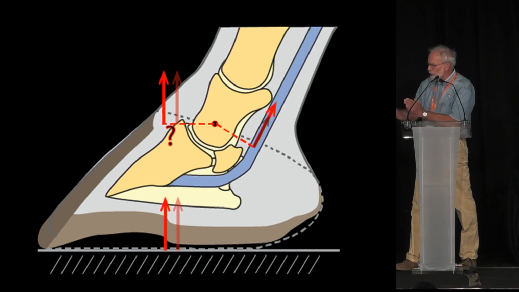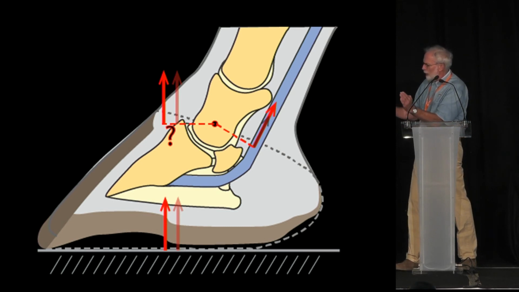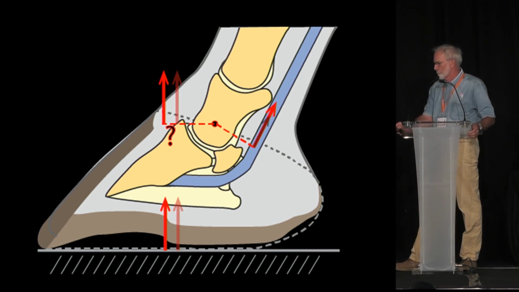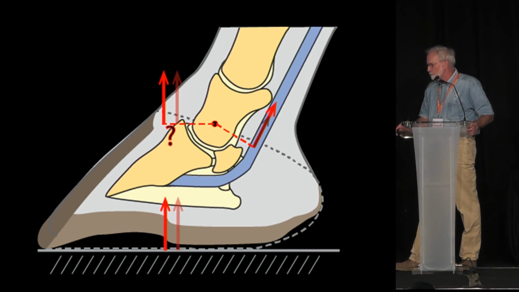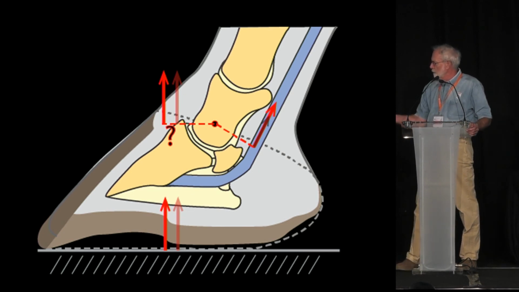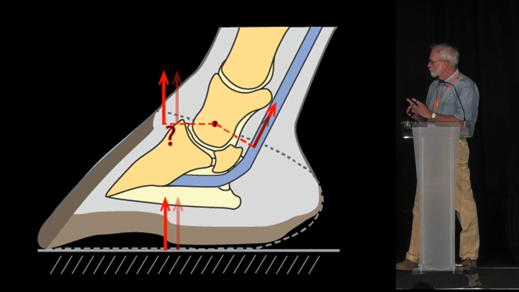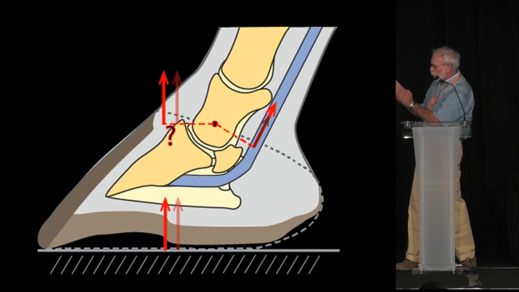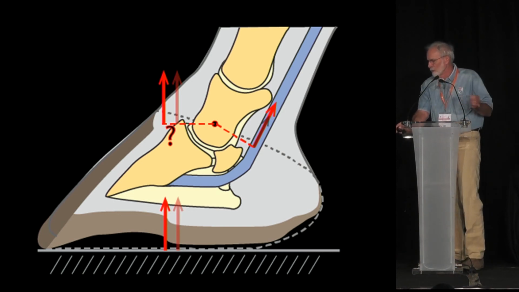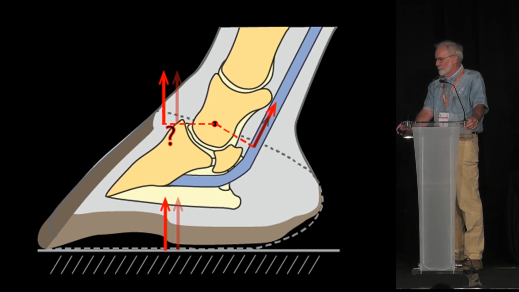So if you increase the tension in the tendon, you also move the ground reaction force into the toe higher. If you increase the tension in the tendon, you also increase the load on the toe. Equal and opposite reactions. It really creates a rocking effect.